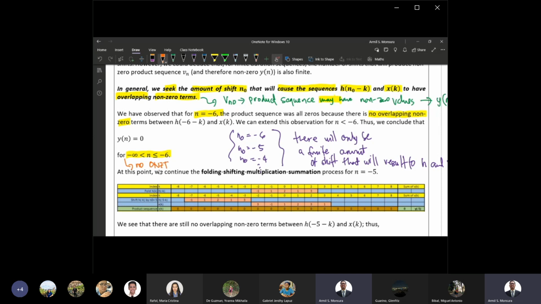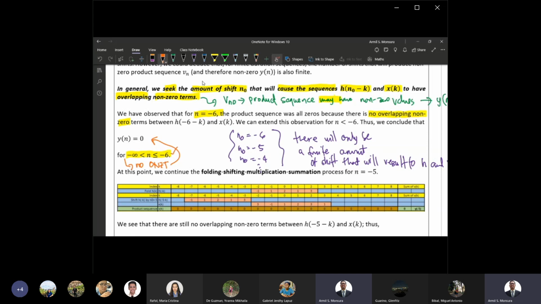Yan. There will be no overlapping non-zero terms. Okay? So therefore, kung ganyan yung case, we can conclude that from negative infinity up to -6, then we can consider that your y of n is 0. Your output sequence is 0 for this interval.